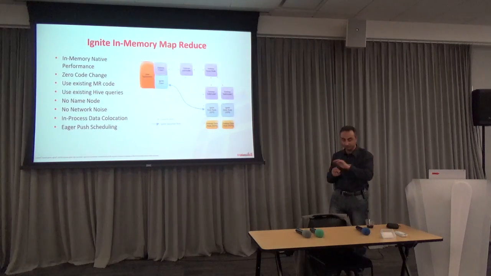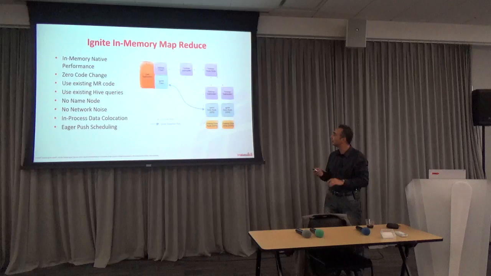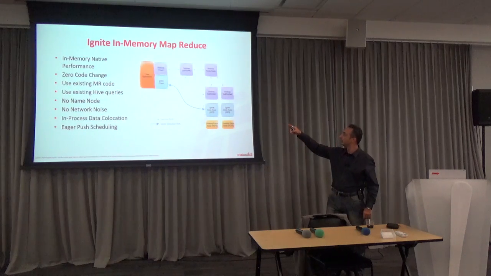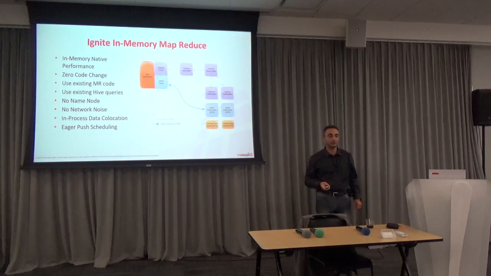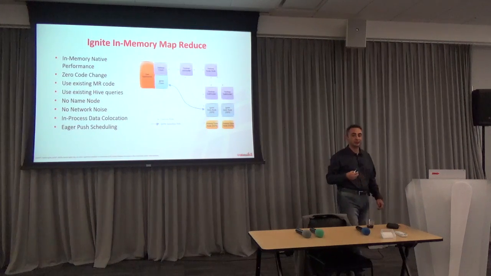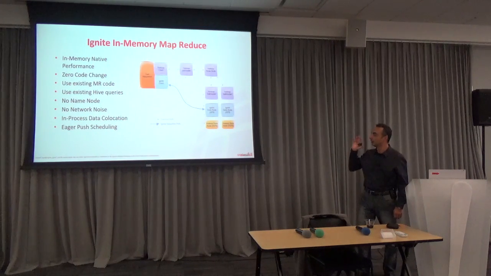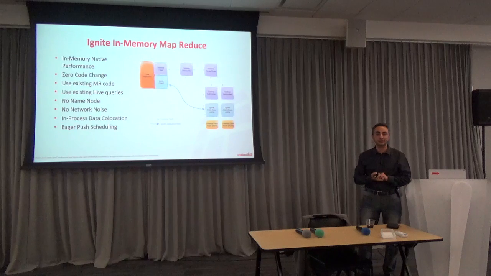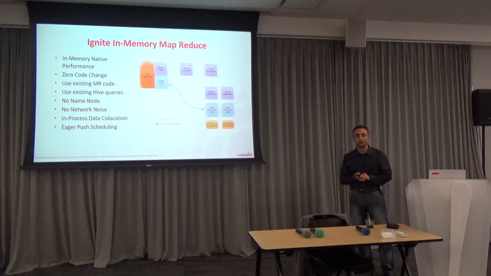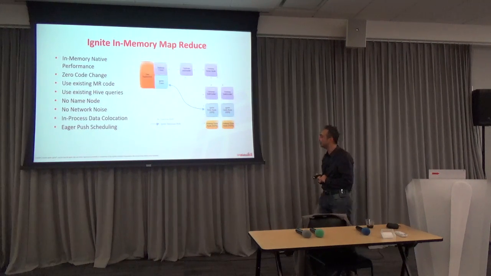Briefly on this, before I hand it over to my colleague, essentially everything in gray here is what Hadoop does to execute a MapReduce job, and the blue line is what we do. Our scheduling is very aggressive, and a lot of processing happens directly with the data that is cached in memory within files, so we don't have any serialization or deserialization.